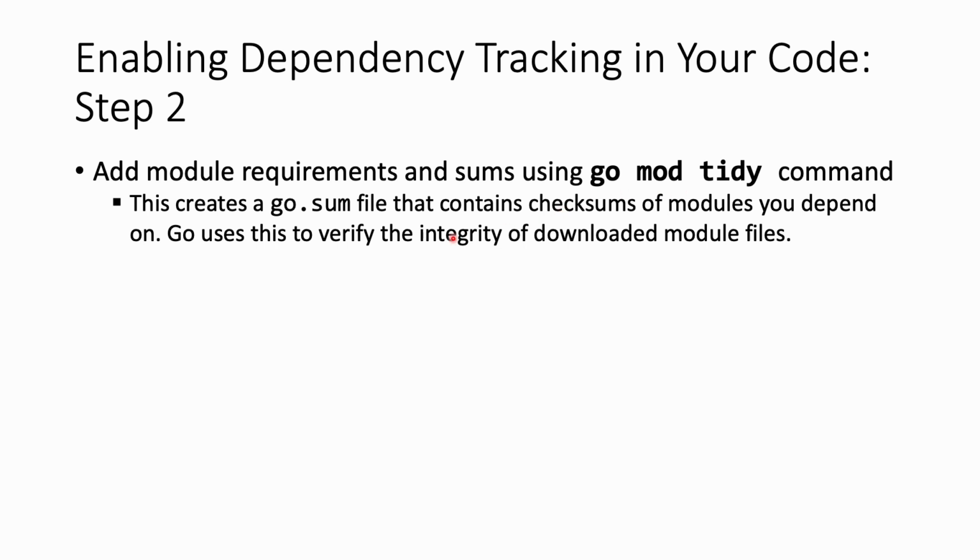Go uses this to verify the integrity of downloaded module files, especially for other developers working on your project. You need to include the go.mod and go.sum files in the repository with your code.